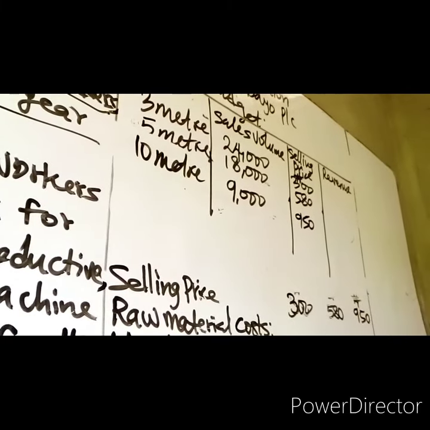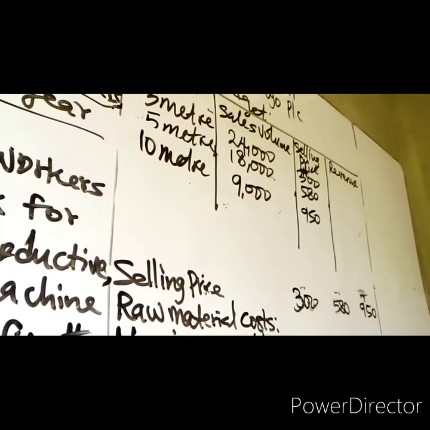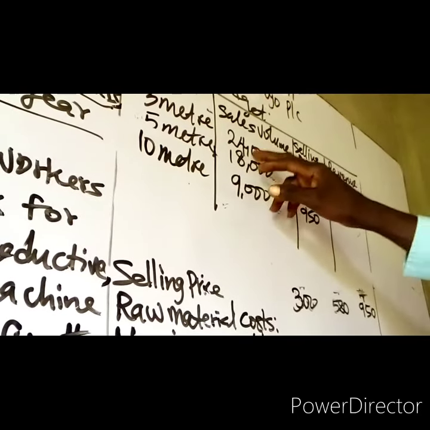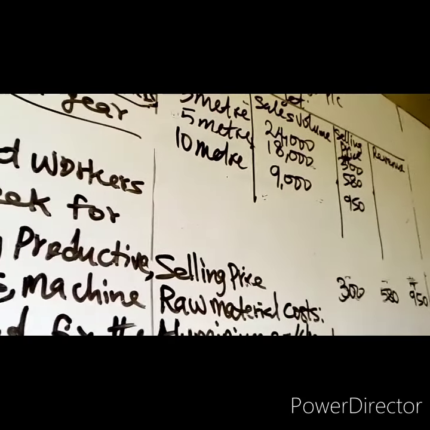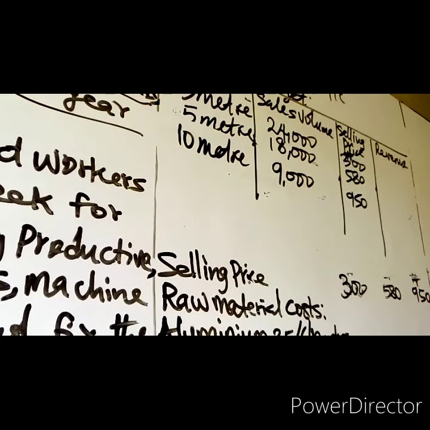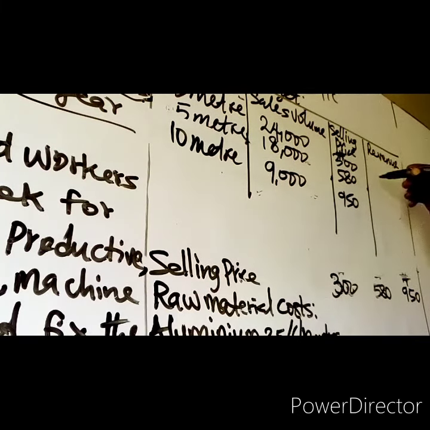If you multiply the sales volume by the selling price, 24,000 times 300 gives us 7.2 million.